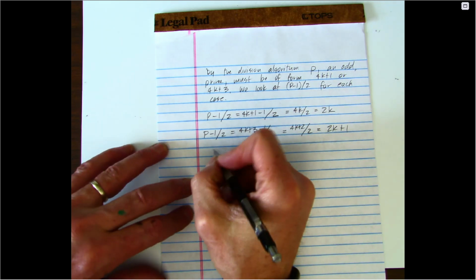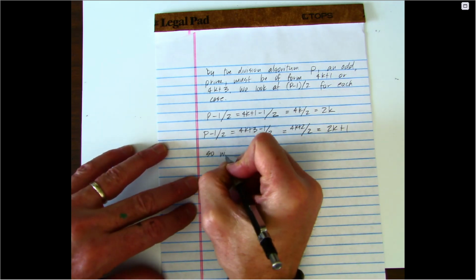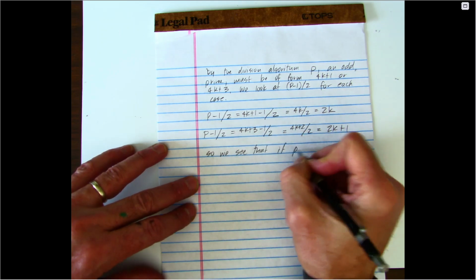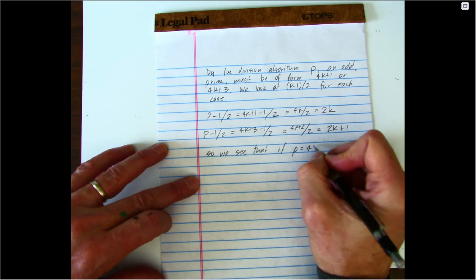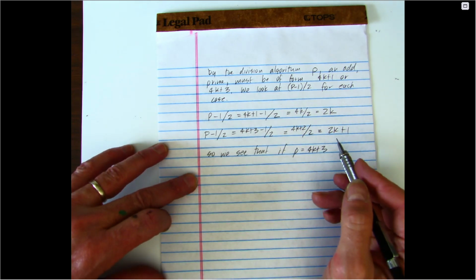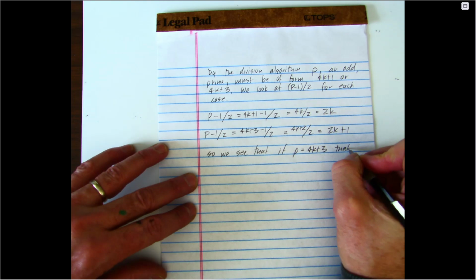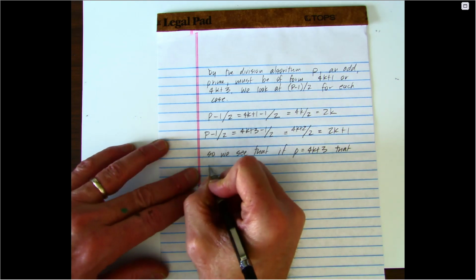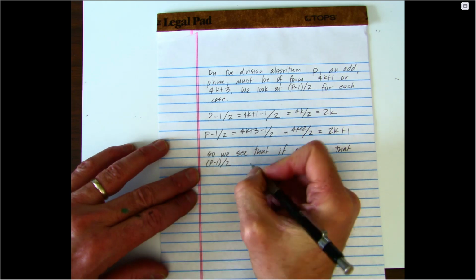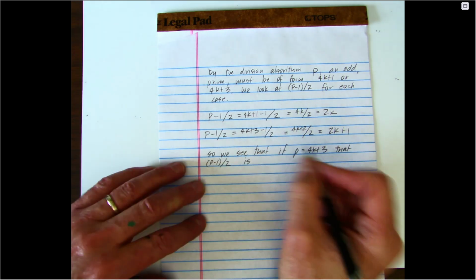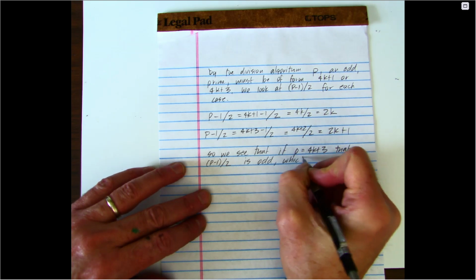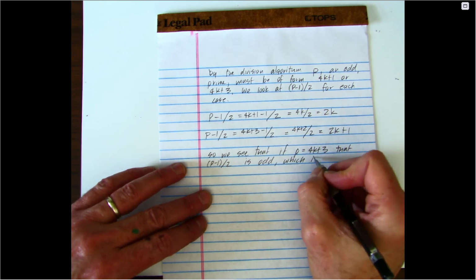So we see that if p is equal to 4k plus 3, the second case right here, then (p minus 1)/2 is odd, which is impossible.